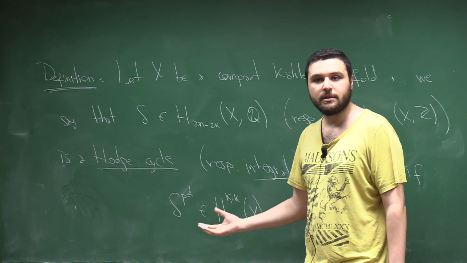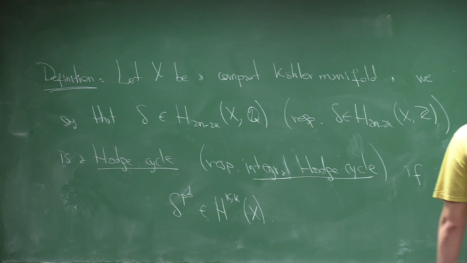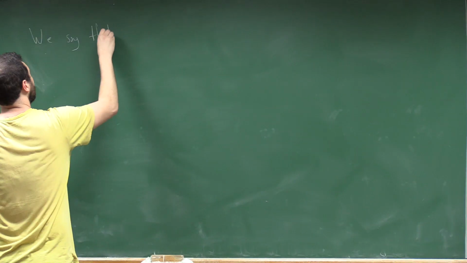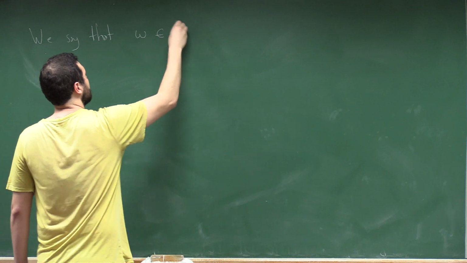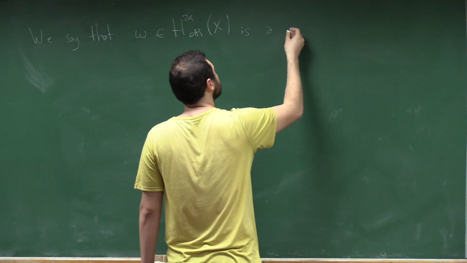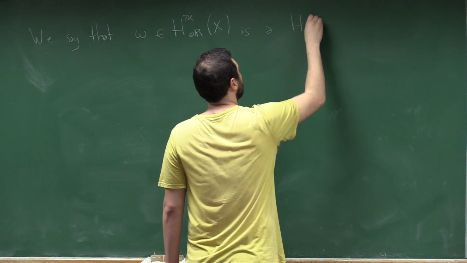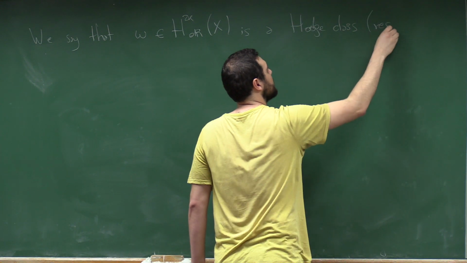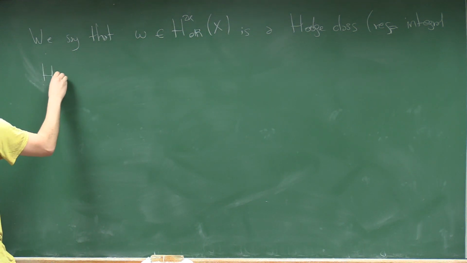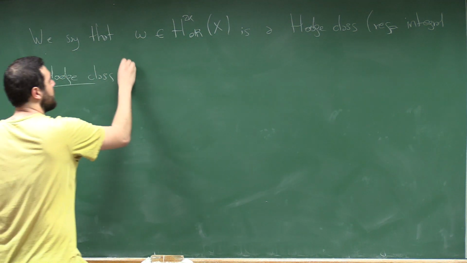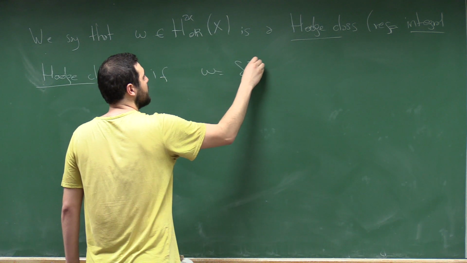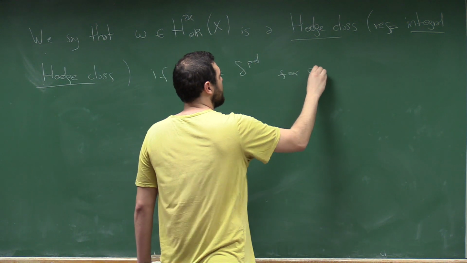That is a (1,1) form, right? So we say that omega in H^{2k} de Rham of X is a Hodge class, respectively integral Hodge class, again if omega is delta PD for some Hodge cycle.